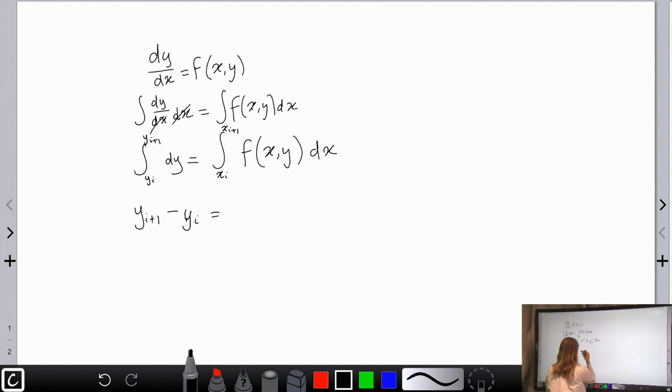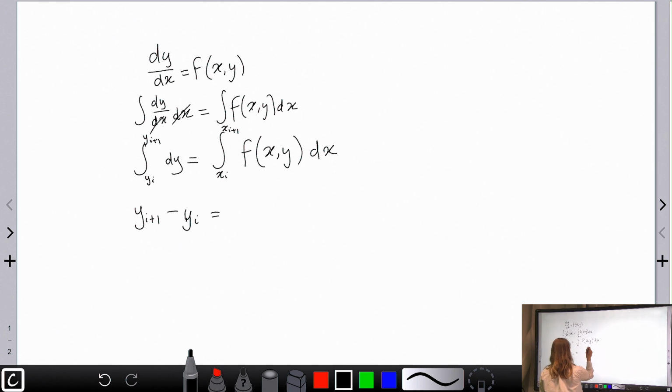Now we also want to evaluate the integral on the right hand side. For that we will use a numerical method that we discussed in the numerical integration videos. Namely, we will use the trapezoidal method of numerical integration.